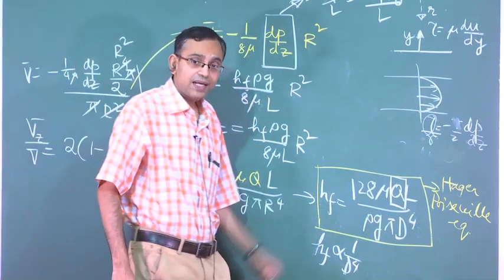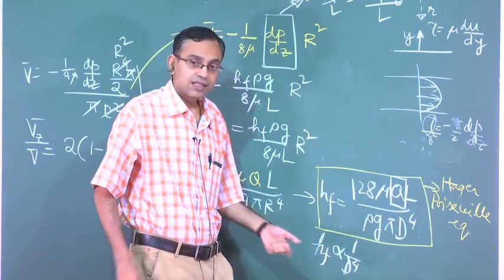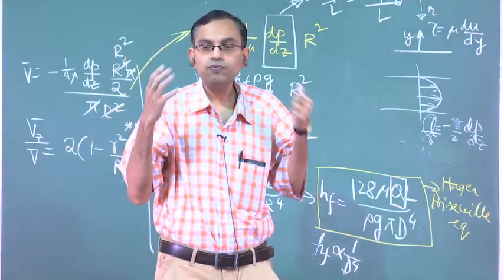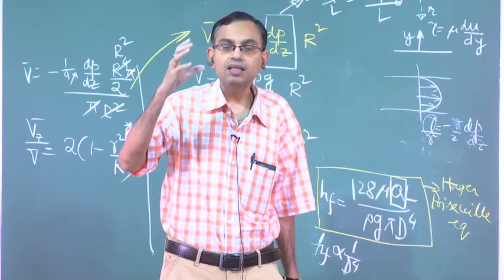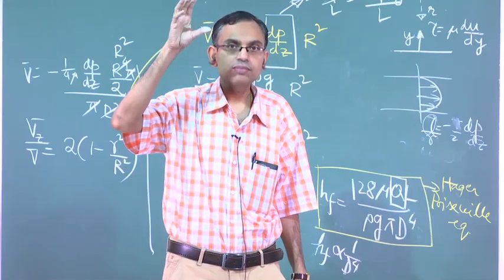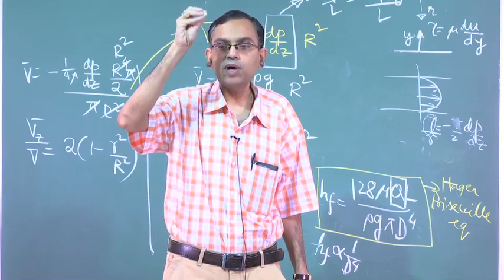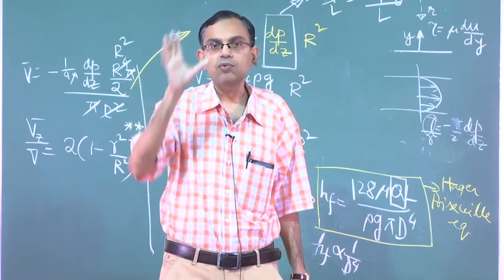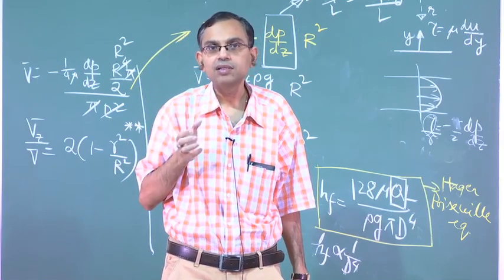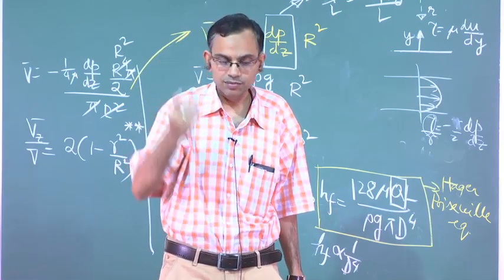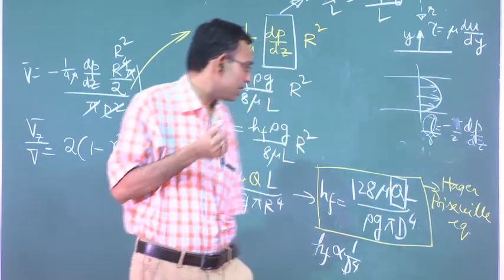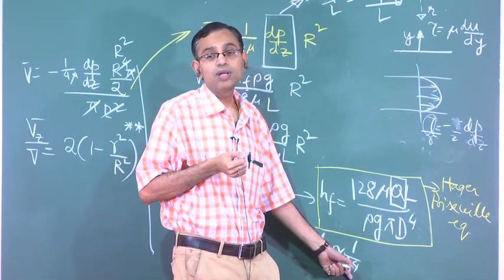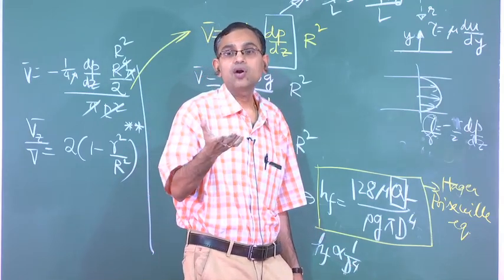So, what does it indicate? It indicates a very important scaling law for microfluidics applications, that if you reduce your pipe diameter from 1 meter to 1 micron, that is 10 to the power 6 times the reduction. So 10 to the power 6 to the power 4, that is 10 to the power 24 times you will have the increase in the head loss.